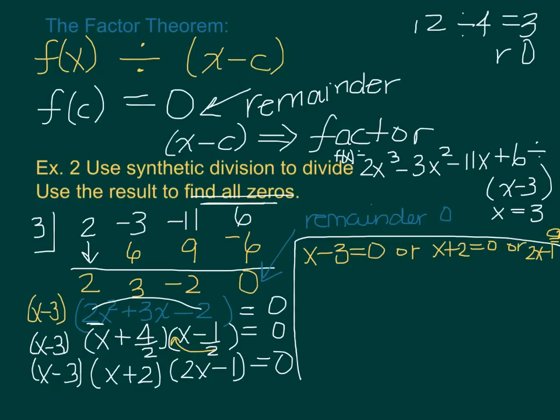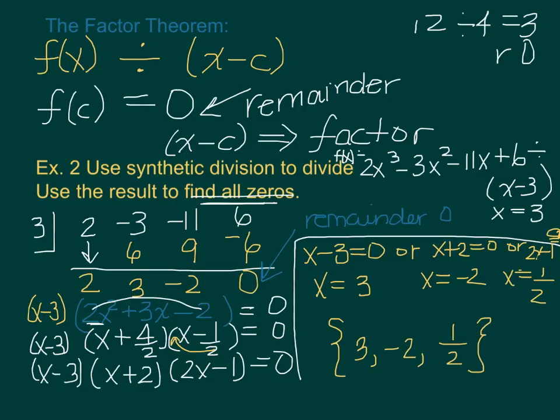So my zeros are x equals 3, x equals -2, and x equals positive 1/2. And you may see them write it like this in set notation. And those are all of your zeros.